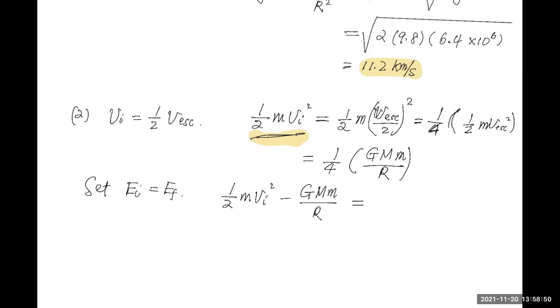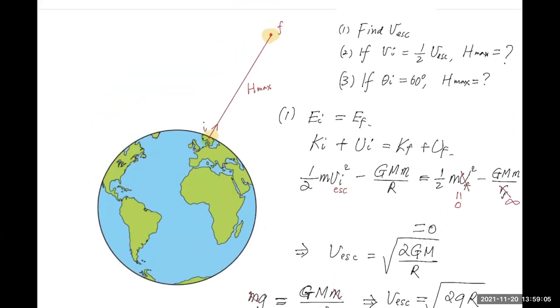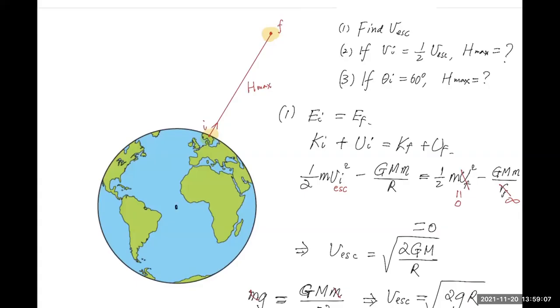The final potential energy is negative G m M over the final distance between the center of the Earth and that object. And if you look at this here, the center of the Earth is right here. Okay, here's the radius r of the Earth. But you are at the top of the path.